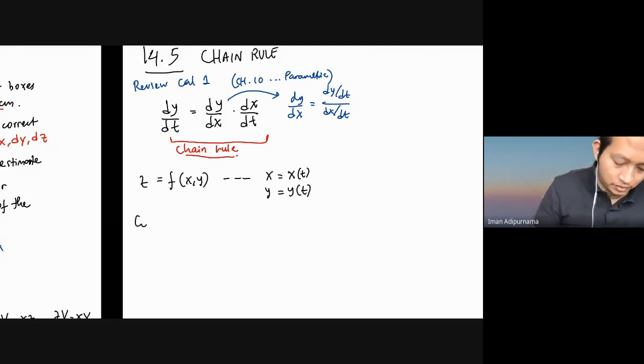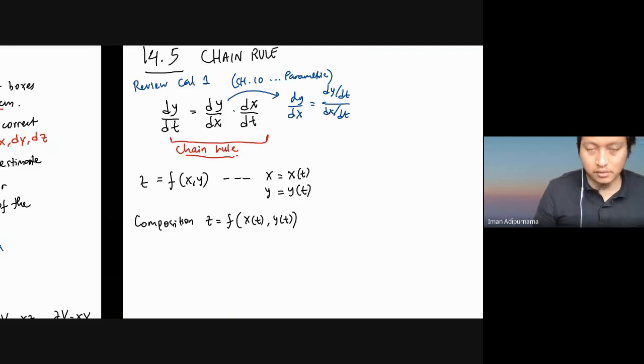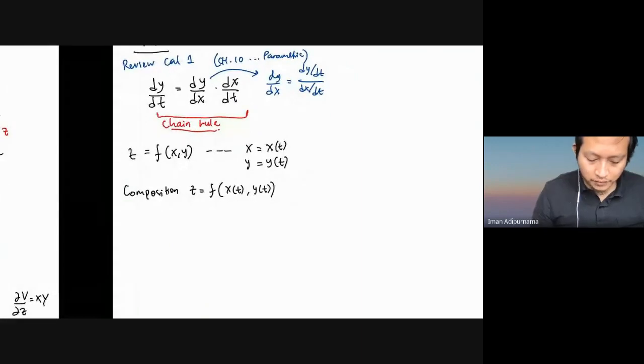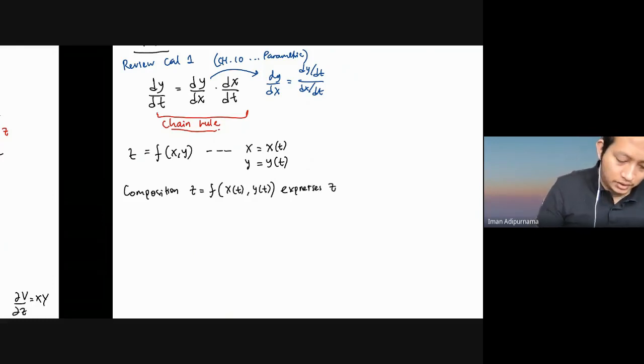So we have the composition z equals a function of x(t) and y(t), and because of this expression, this expresses z as a function of a single variable, right?